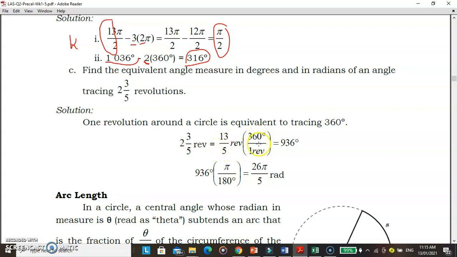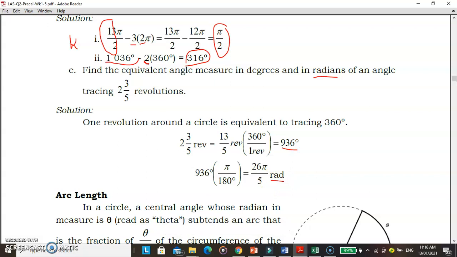And since in 1 revolution we have 360 degrees, 2 3/5 revolutions is equal to 936 degrees. Then we also convert it into radians. So 936 times pi over 180 is equal to 26 pi over 5 radians.